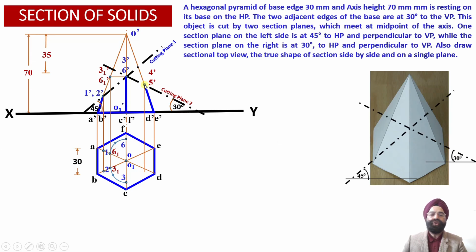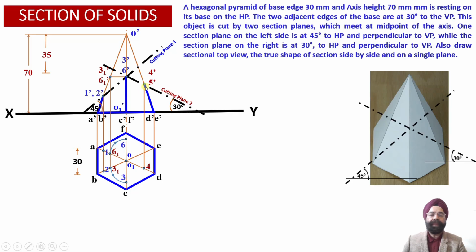Through points 4 dash and 5 dash, if we draw a vertical projector line, wherever the vertical projector emerging from the point 4 dash, which lies on the slant generator O dash D dash, intersects the top view projection of the slant generator OD, we obtain the point number 4.